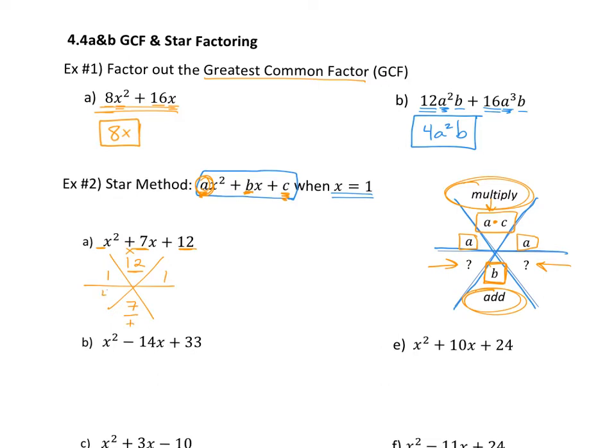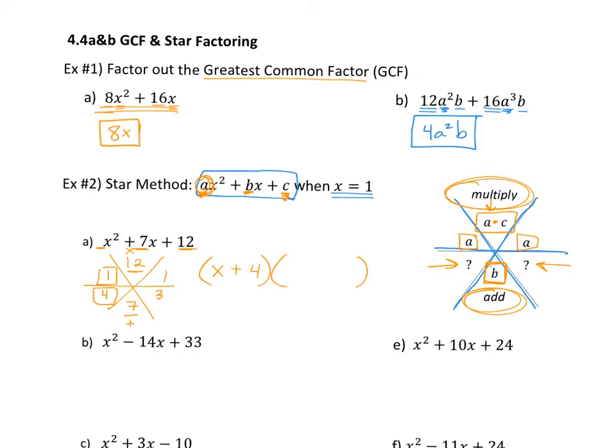Well, if I take a 4 and a 3, if I multiply those, I get 12. If I add them, I get 7. So those are the numbers we're going to work with. And what happens is this turns into two expressions that we're going to multiply. So this number goes in front of your x, which a 1 in front of an x is just x. And this number goes behind your x.